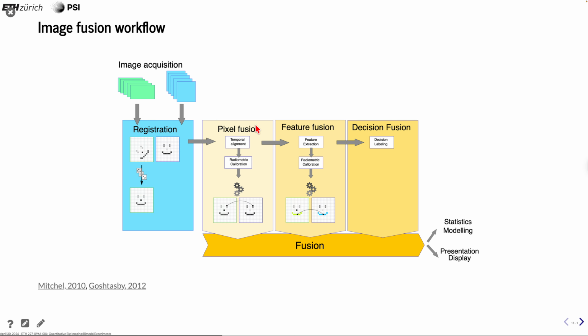Then we have pixel fusion, where we first also have to do temporal alignment. Maybe there are different acquisition rates and you have to match the two image sets to the same timestamps. Then there is radiometric calibration: one modality may have a different dynamic range than the other one.